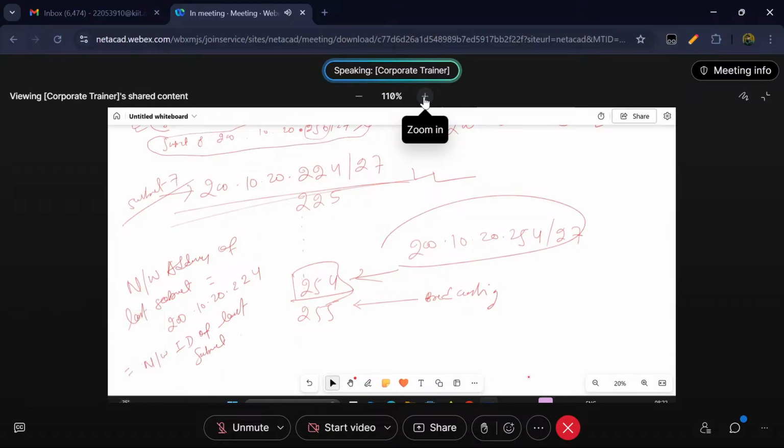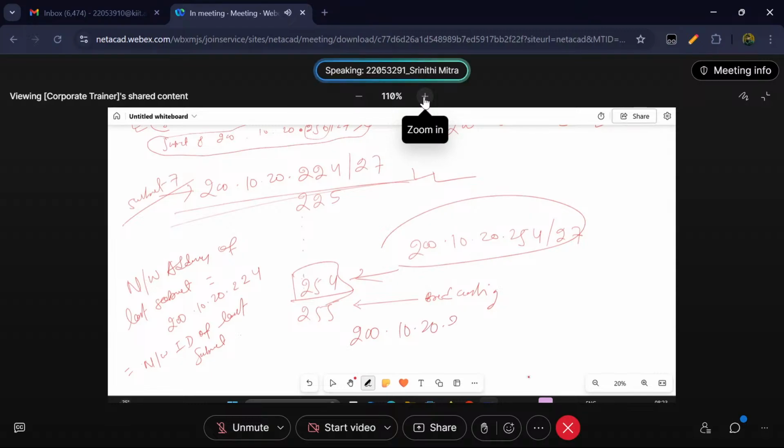Just understand that. If I say from subnet 7, what is the last IP of subnet 7? What is your answer? The last IP is 255. Remember this: 200.10.20.255.